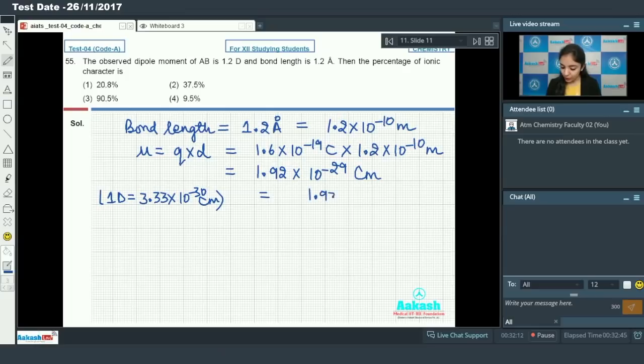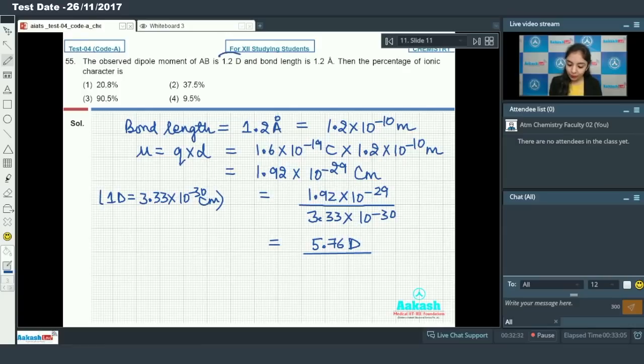So it is equal to 1.92 into 10 raised to the power minus 29 divided by 3.33 into 10 raised to the power minus 30. So it is equal to 5.76 debye. So we have calculated the dipole moment, that is 5.76, but the observed dipole moment is only 1.2 debye.